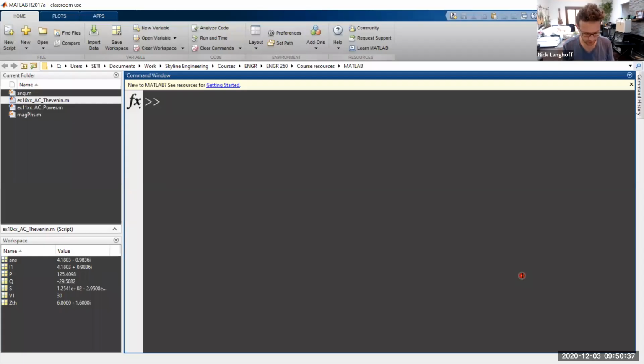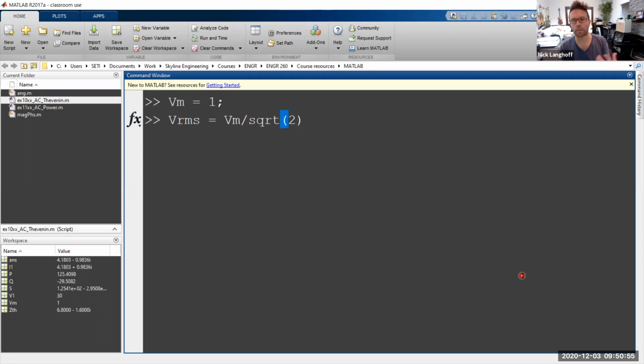The square root of 2 is 1.414. Okay, so if we were to open up MATLAB, where did MATLAB go? Here it is. So let's say you had Vmax equal to 1 volt, a 1 volt peak signal. VRMS is equal to Vmax divided by the square root of 2.